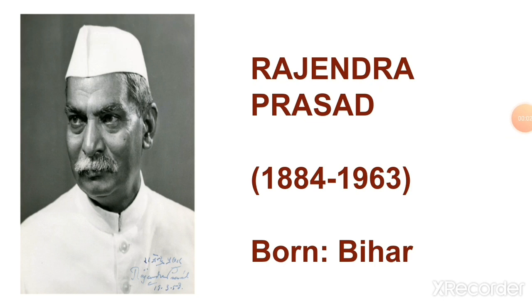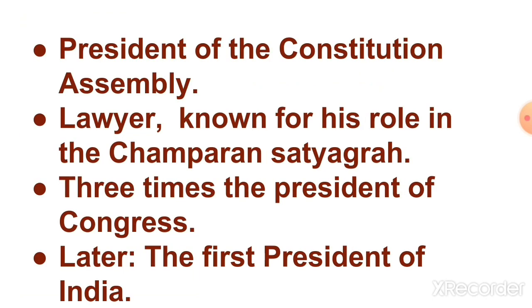Rajendra Prasad, born in 1884, died in the year 1963. He was born in Bihar. He was the president of Constituent Assembly.